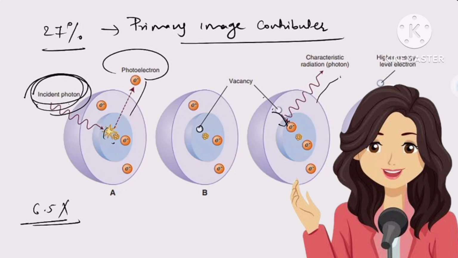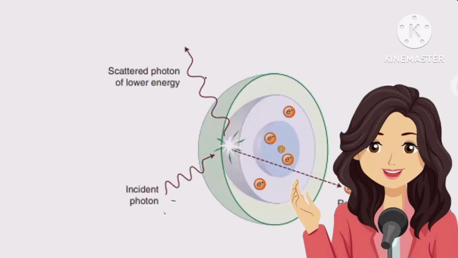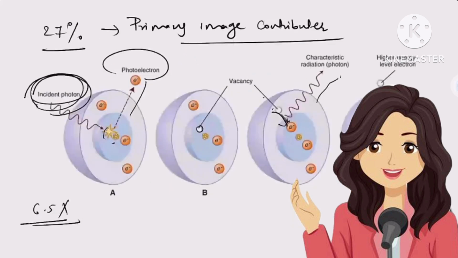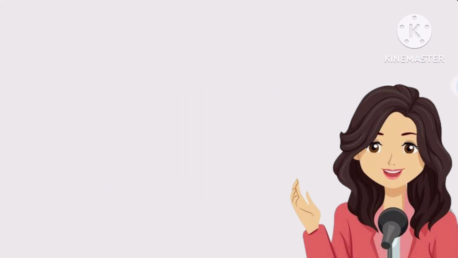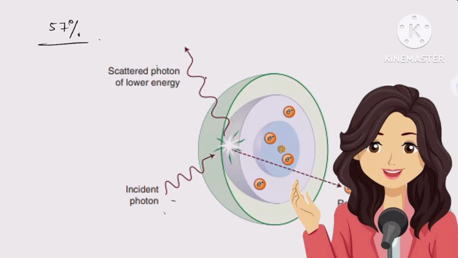Now we have Compton scattering, which is the last interaction. What happens in this? A total of 57% Compton scattering happens. Why? Because the incident photon comes and hits the outer orbital shell electron.